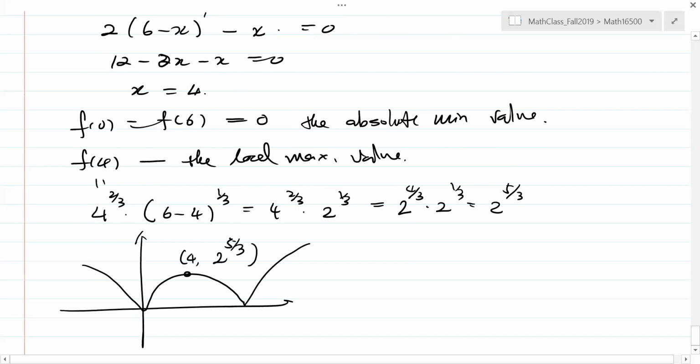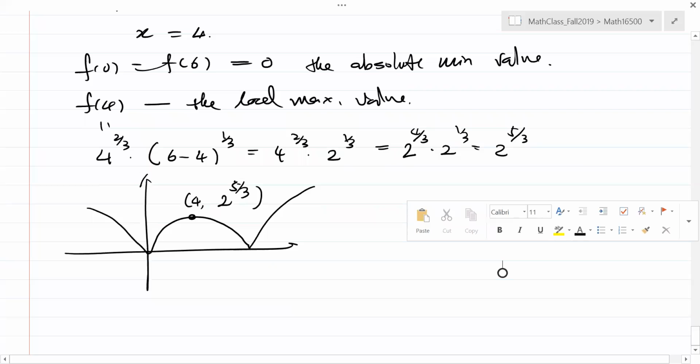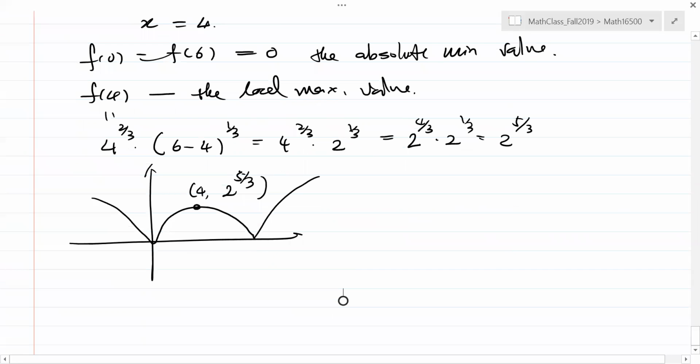I believe that there are no points of inflection. Always concave down. The second derivative of the function should always be negative. You can check that.